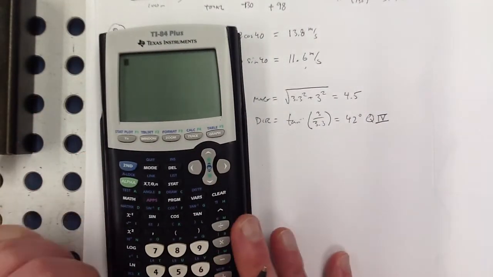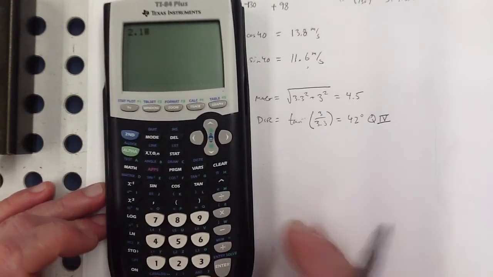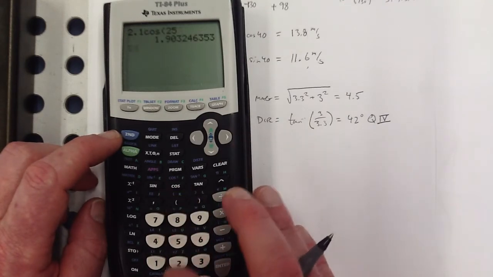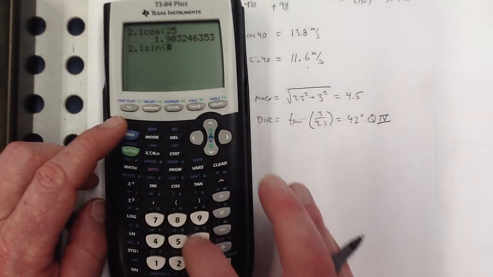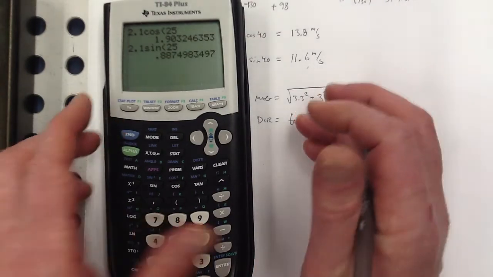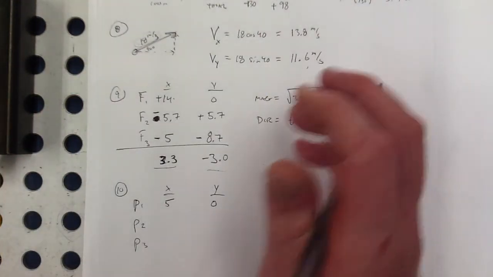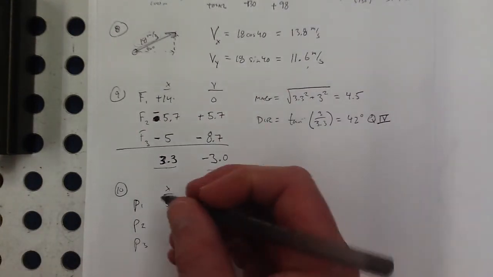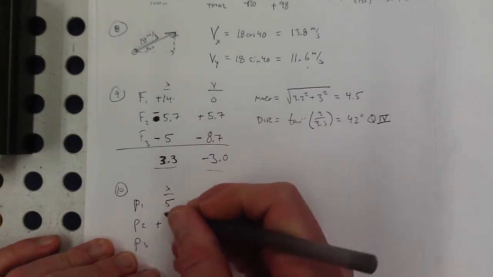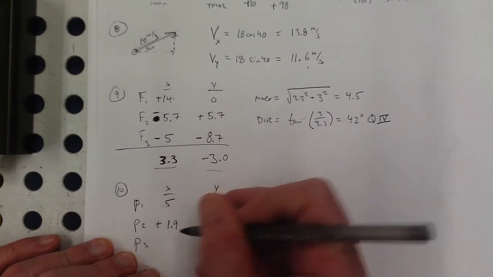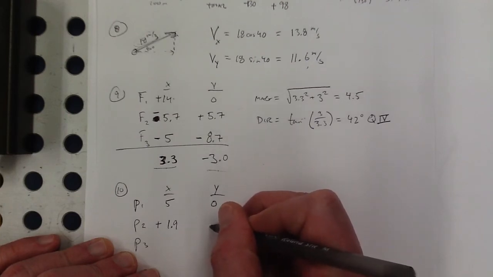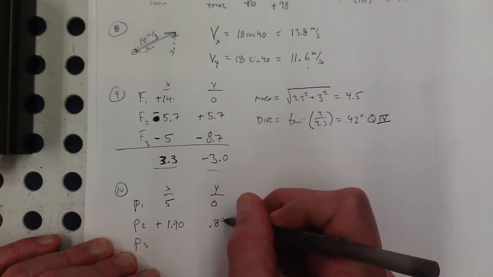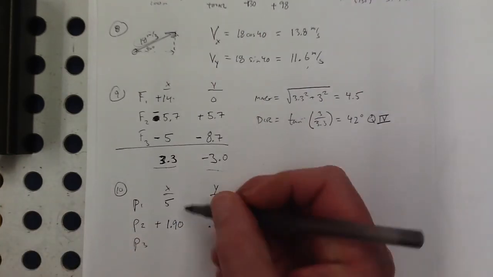That was north of east. That's the first quadrant, so they're both positive. 1.9, and maybe I'll keep one more decimal place there, and then 0.89. And those are both positive.